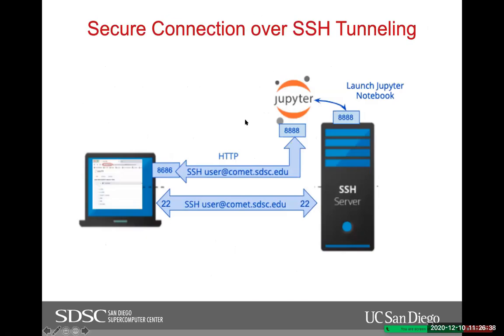So why is it secure? You're on your laptop and you SSH over to Expanse, for example, to launch your notebook. And once you launch your notebook, a port gets opened up, and that same Jupyter notebook service is launched on HTTP. But what you do is you connect that port to a port on your laptop, and now all of that communication is done through an SSH connection.